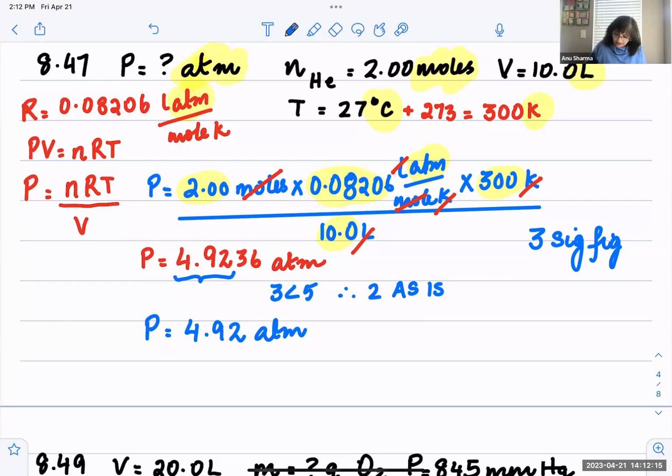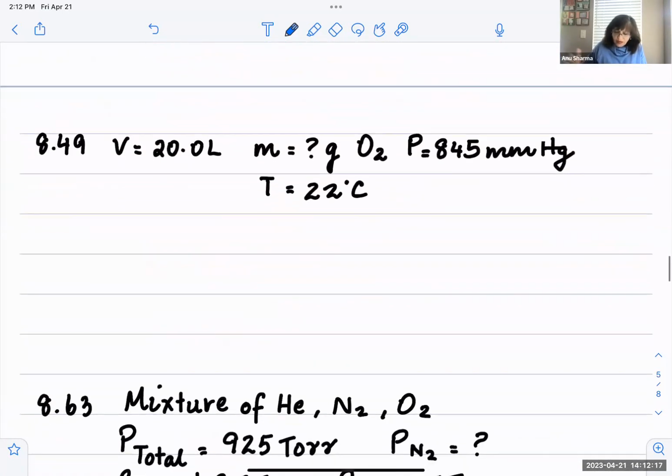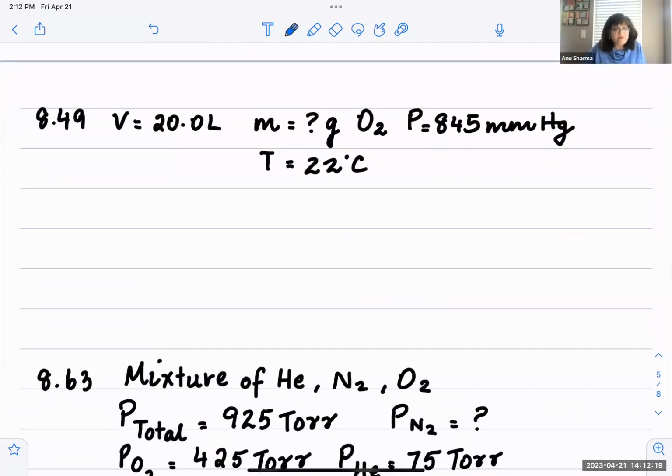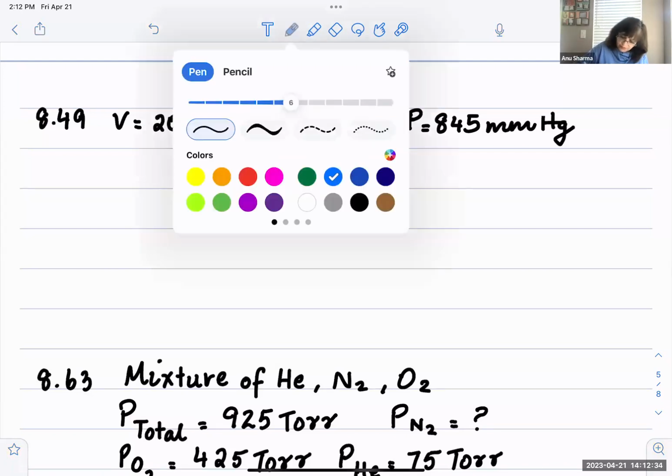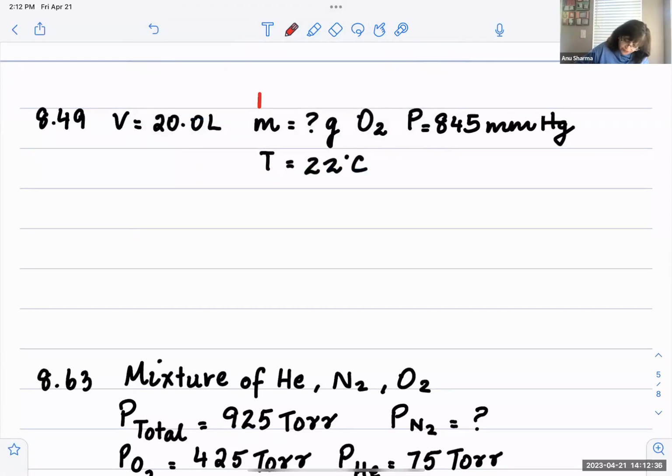All right, let's look at the next one. Here you're given the volume, 20 ml of oxygen gas. Pressure is given in millimeters of mercury and the temperature in degrees Celsius. Now you need to find the mass.